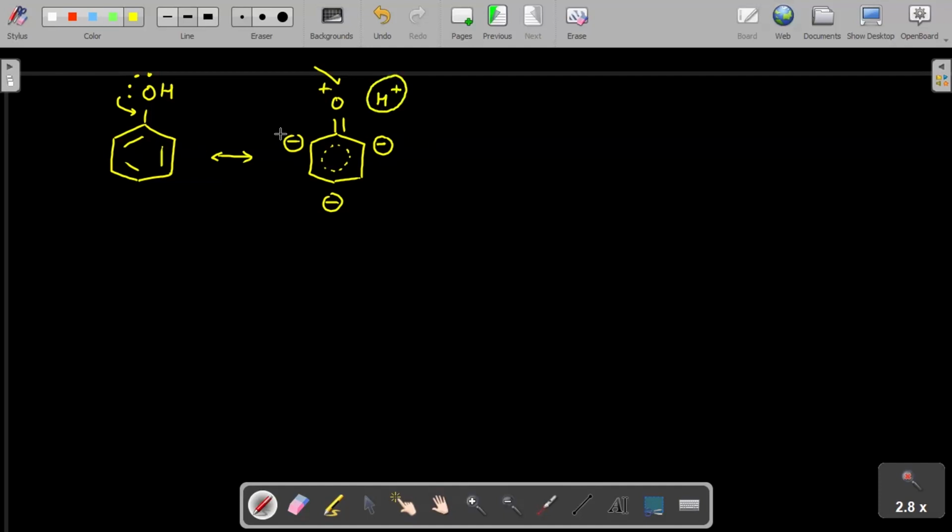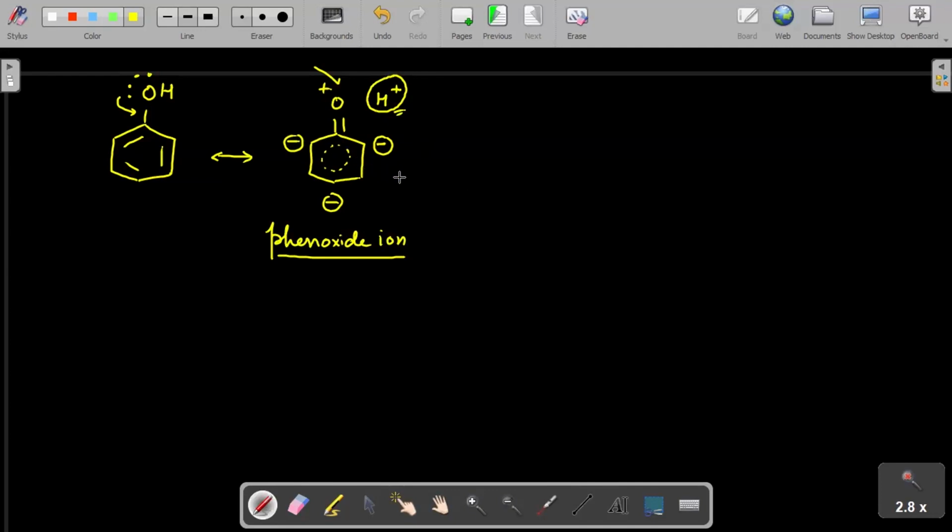Okay, so why does phenol behave as a good acid? In this case, we have to discuss the extra stability of the phenoxide ion. Because the phenoxide ion, after leaving hydrogen, is stable because of the resonance stability.